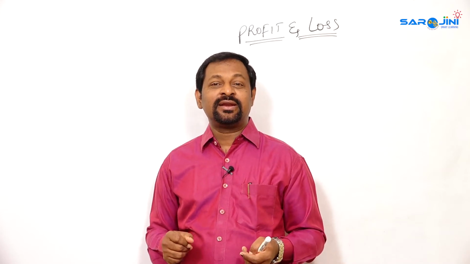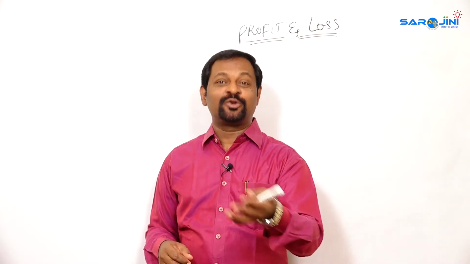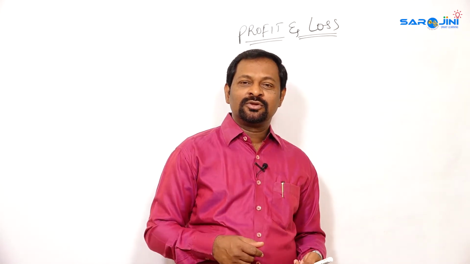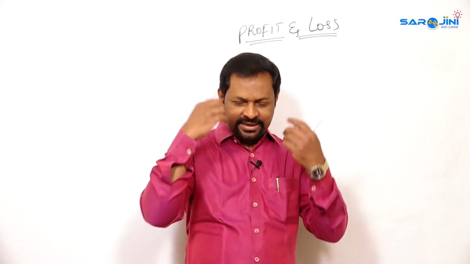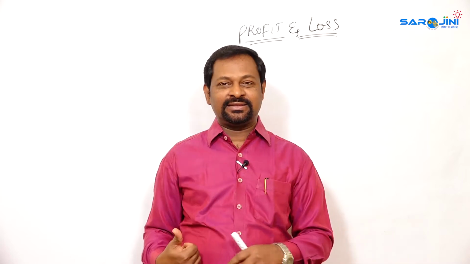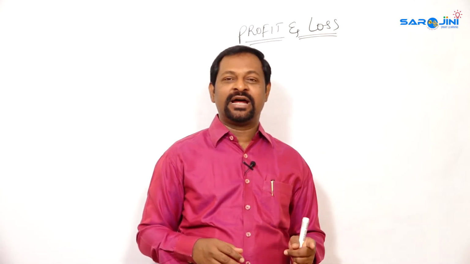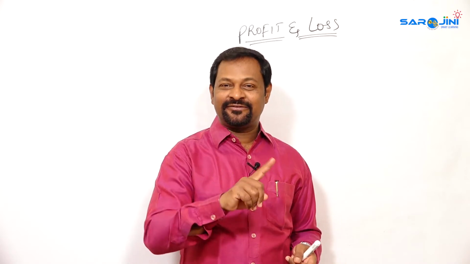So I will sell it for 80 rupees only. The person ready to buy will say, sir, the last page and the front pages are gone, so why should I pay 100? I will pay 80 rupees only. I think, okay, whatever I get, I'll take. So I bought for 100 rupees and sold for 80 rupees. That means 20 rupees is the loss. Have you understood? This is the difference you have to know.